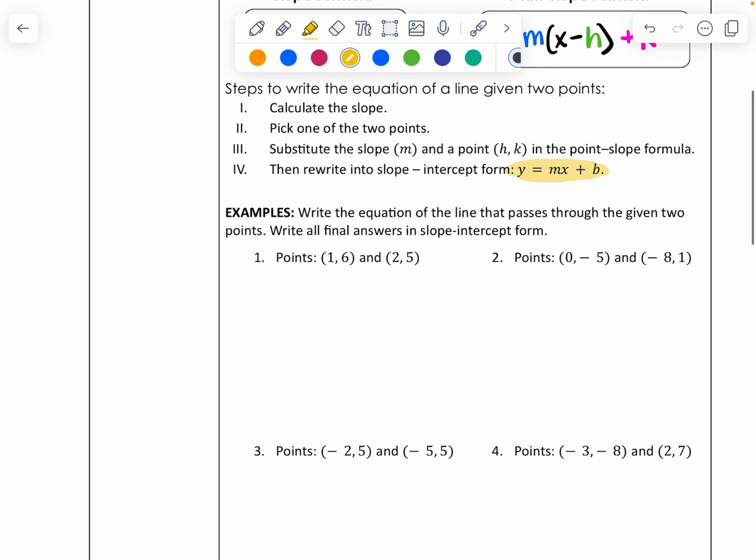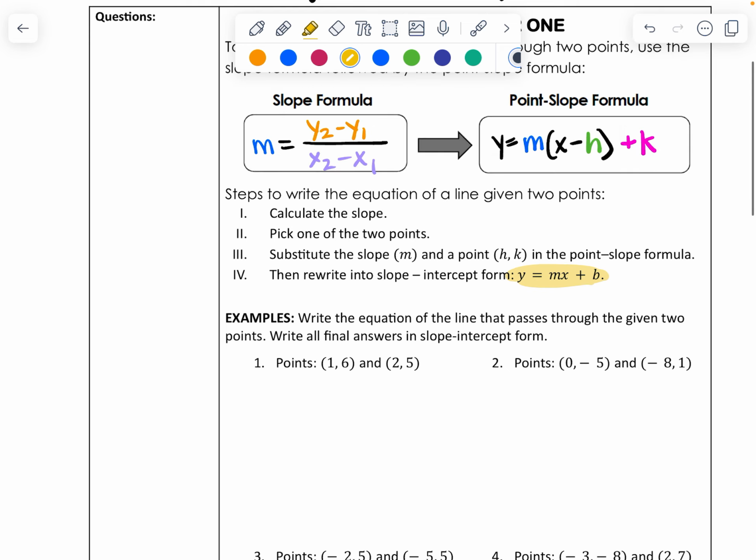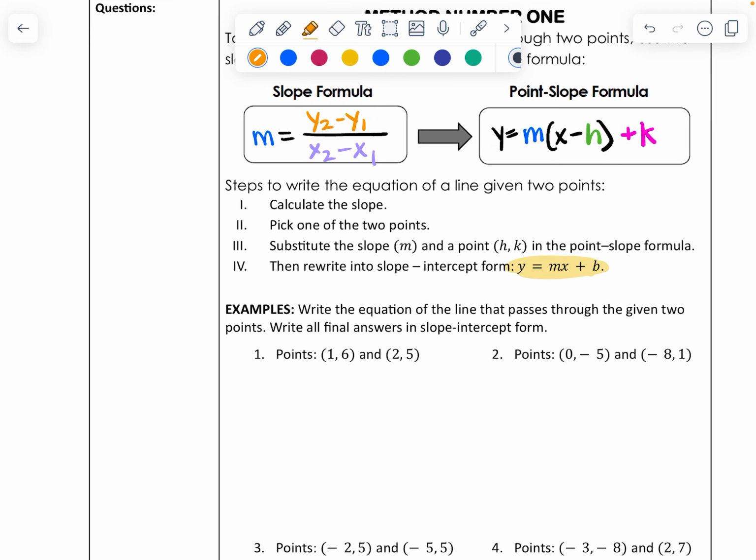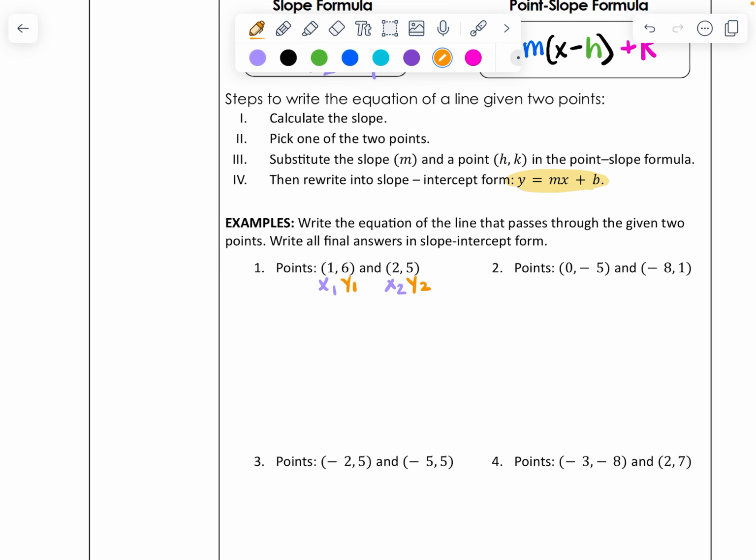So, example 1. We have 2 points. I'm going to label them x1, x2, y1, y2. Again, it does not matter which one is point 1 and which one's point 2 as long as the 1s and 2s are together.